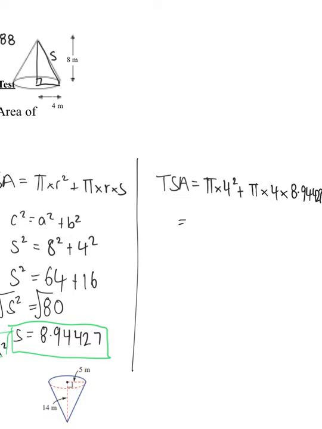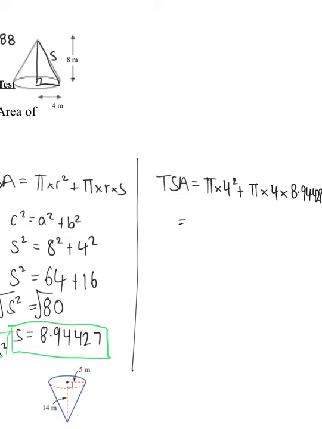Cool, so again, guys, make sure you're doing as much working as you can, just so you don't make mistakes. Plus pi times 4 times 8.94427.